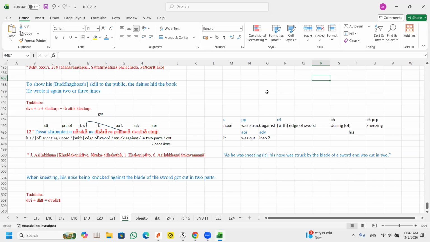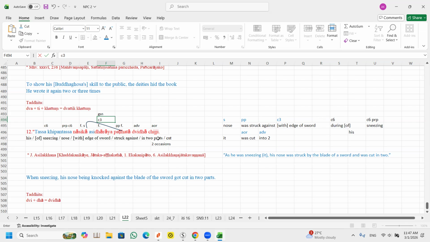Now, so you see that the sentence here says the nose was stuck again. Here, can you see the case? So I will take this as instrumental. Was stuck (against) with the edge of the sword. I put in a bracket because against, no need to put with already.